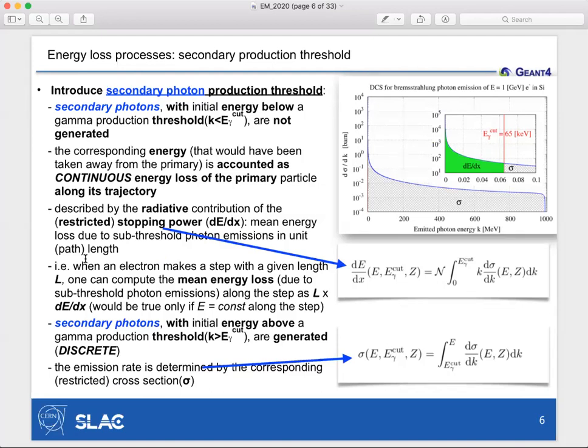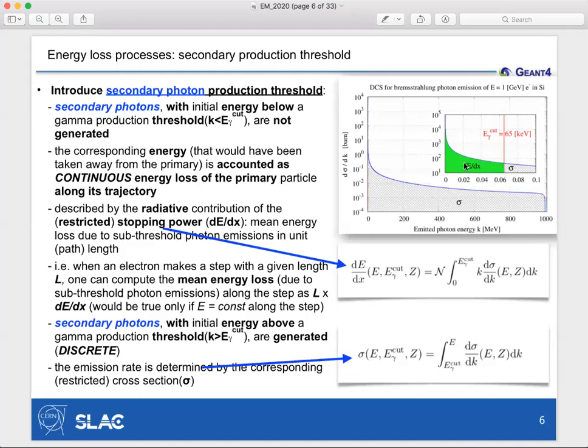Okay, and this continuous energy loss, as you can see in the top equation, which I show but is not so important, is described by a mean quantity, the stopping power, which in this case is called restricted stopping power. You can see this covers the complete differential cross-section part from 0 up to the secondary photon production threshold.